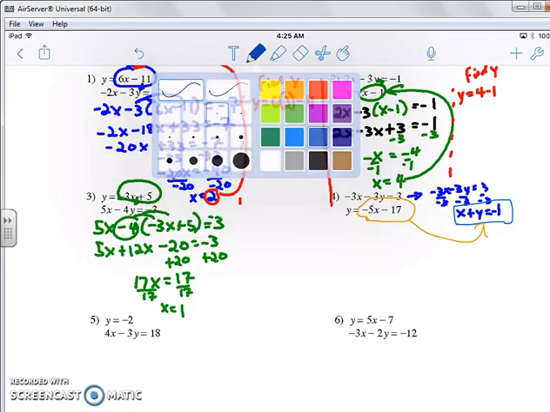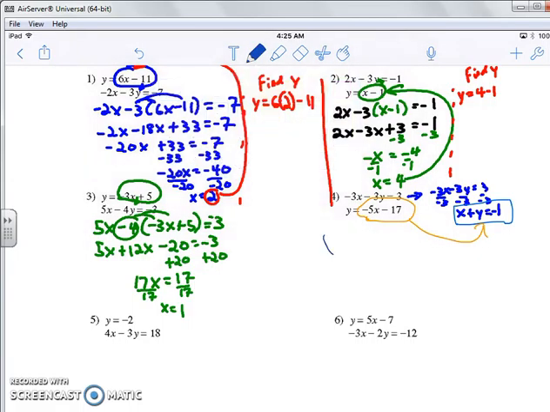So as I rewrite that, I have x plus, and then instead of y, we have -5x minus 17. Sorry about that.